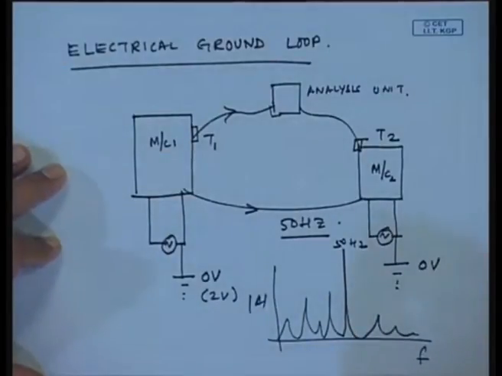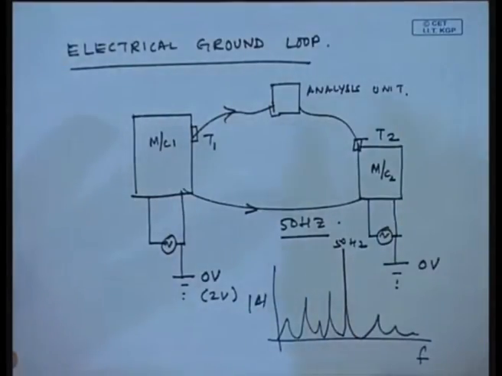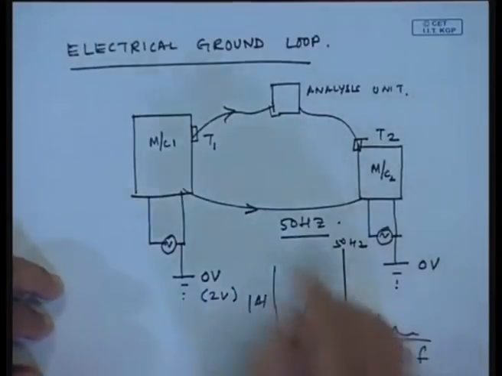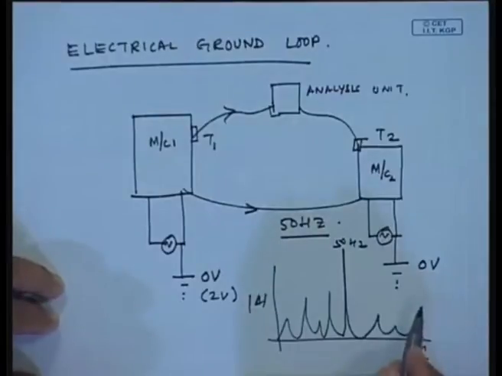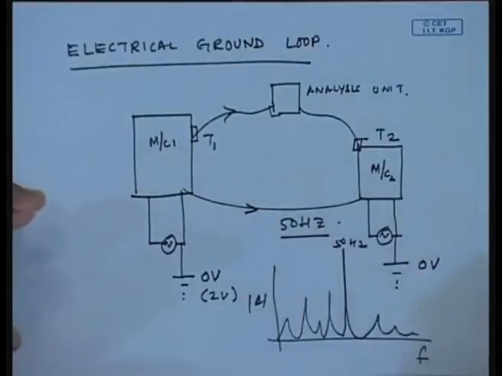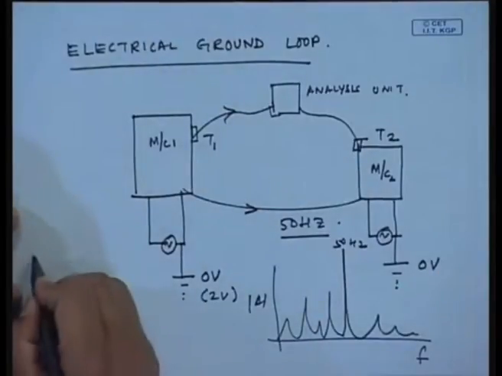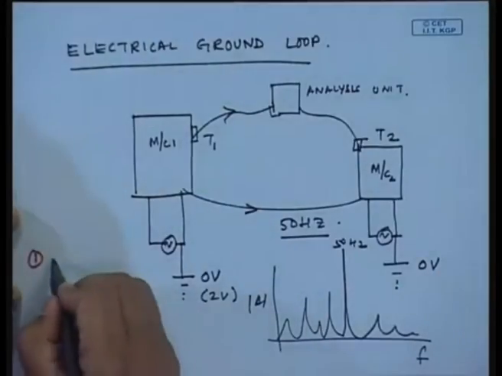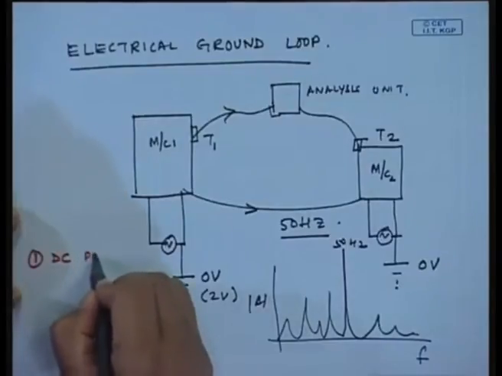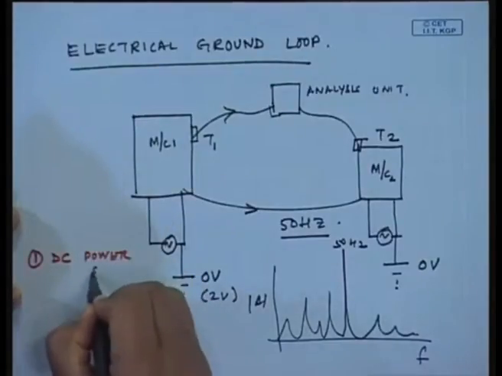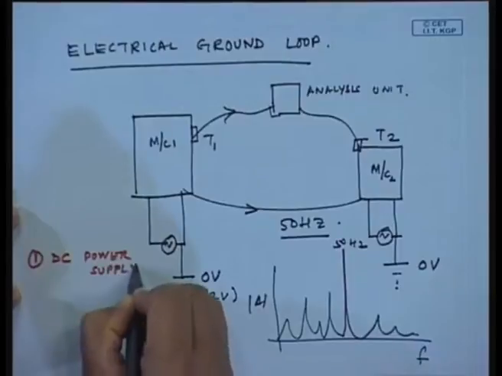Okay. This is a real problem with instrumentation, and once we go to the field, we have to avoid ground loop. Well, I will just tell you some of the tricks to avoid ground loop. One is, wherever possible, use DC power supply, battery source.